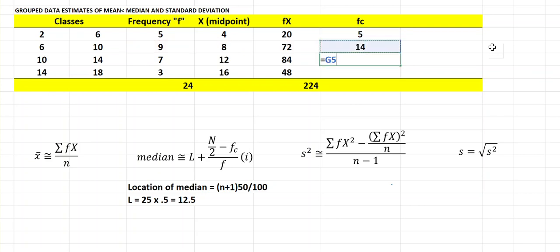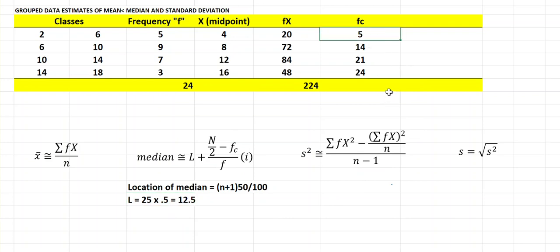That's equal to 14 plus 7. And last of all, that's equal to 21 plus 3, 24. And it should accumulate to 24, which is the total number of data points. So I know that the location of the median is between the 12th and 13th number.